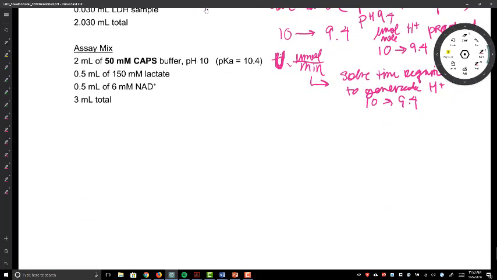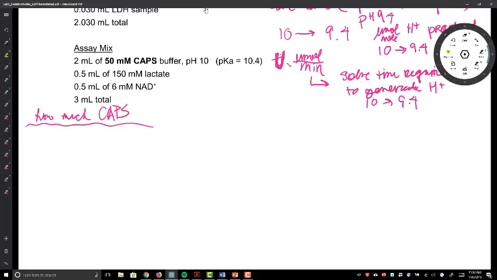All right, so let's start by figuring out how much CAPS we have. Okay, so in our assay, we have 2 mL of 50 millimolar CAPS buffer, we have 0.5 mL of 150 millimolar lactate, and we have 0.5 mL of 6 millimolar NAD+.